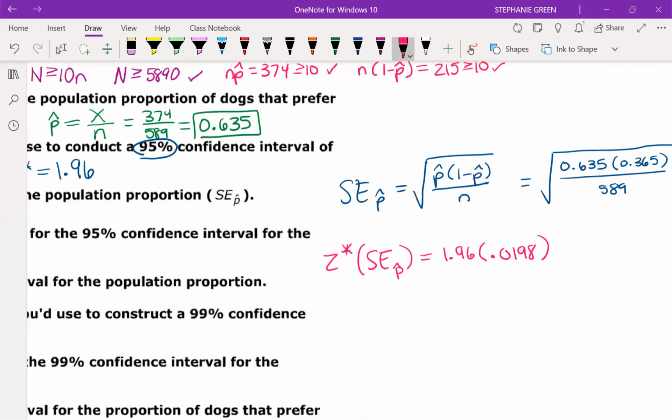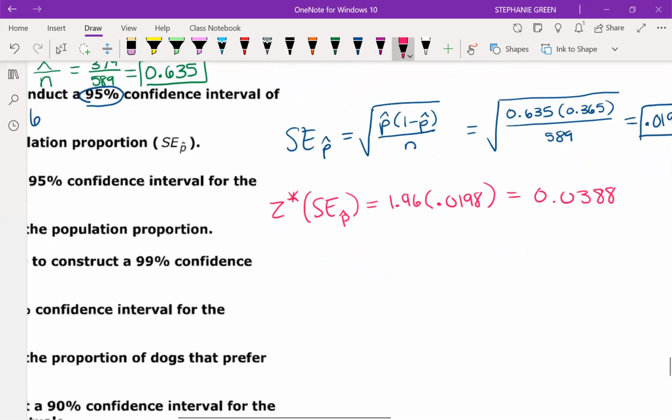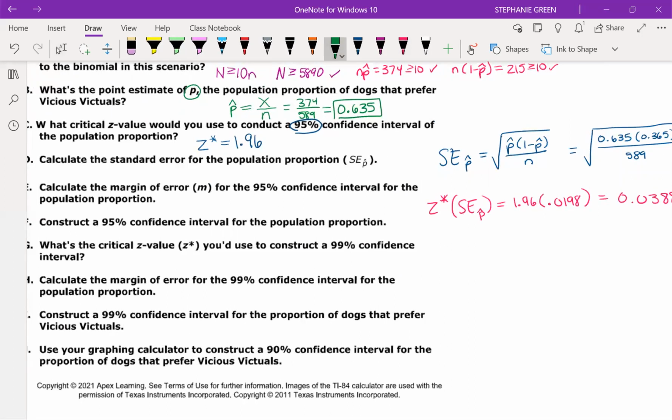So quick multiplication on my calculator tells me that my margin of error is 0.0388. So that's the number that we'll add and subtract from our point estimate to get our confidence interval. So next part, of course, is to do that.